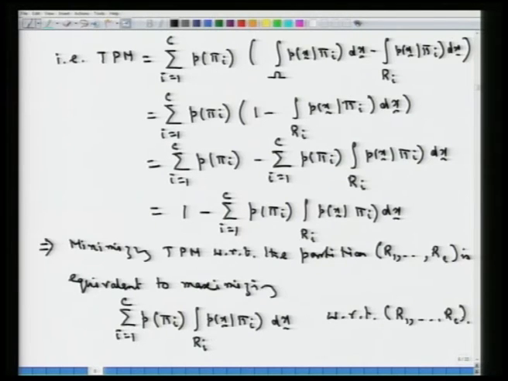Now, the partition that is going to lead us to the minimum total probability of misclassification is the same as the partition which would maximize the expression given by this, star.